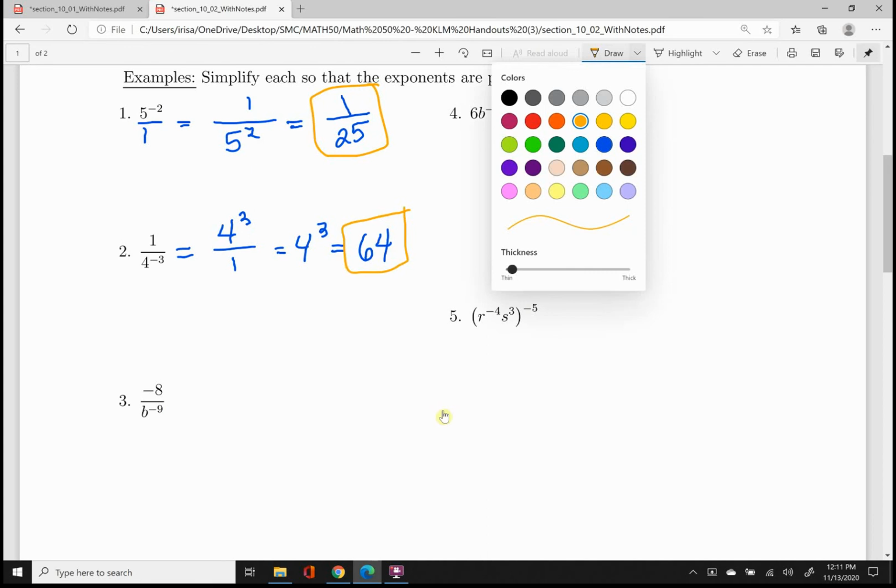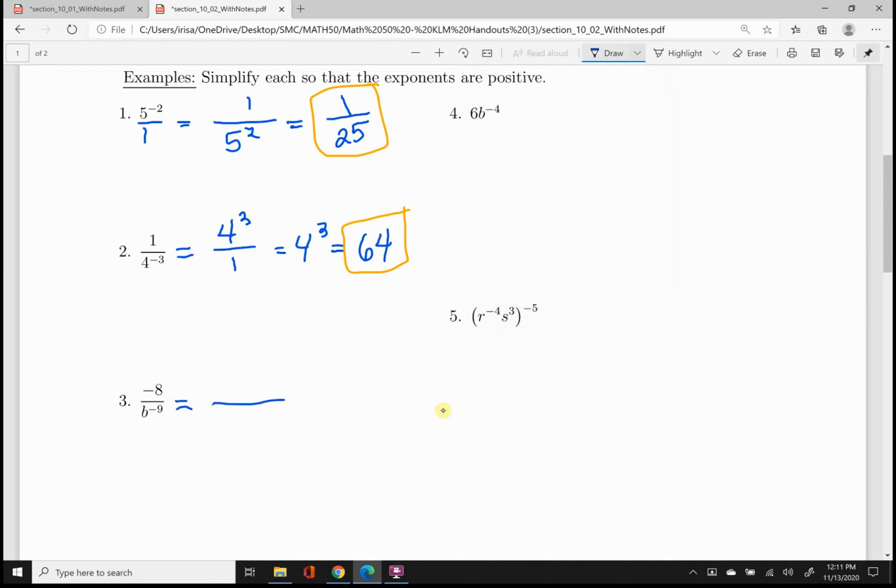Cool. Next. Ooh, look at this. We have a negative factor, but don't let that confuse the process with the dealing with this negative exponent. We're going to take this negative exponent b to the 9th power and throw it upstairs, and then that negative 8 is still waiting in the wings, and then what goes down below?